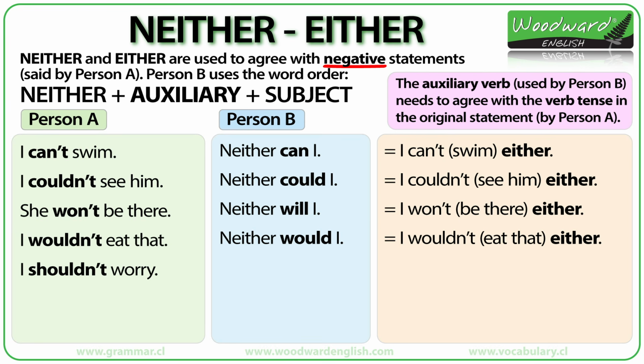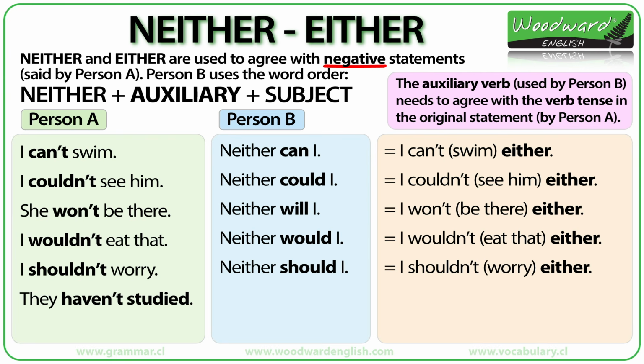I shouldn't worry. The negative form of the modal verb should is used. This means we also need to use should in the response. We say, neither should I, which means I shouldn't worry either. They haven't studied.